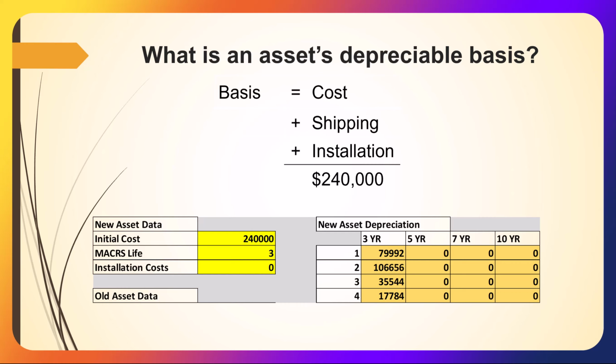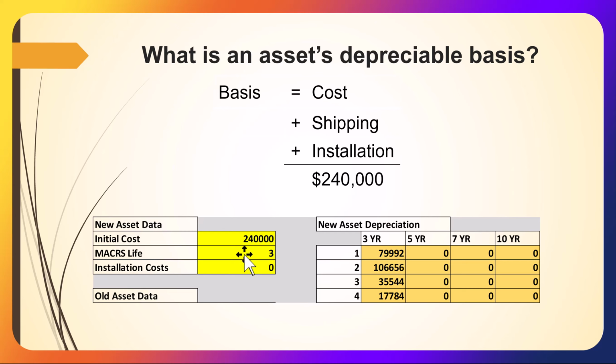But we're going to utilize what's referred to as the MACRS depreciation system. This comes from our workbook. We have a capital budgeting depreciation worksheet. It's also in the project worksheet for capital budgeting. But here you see $240,000 is the initial cost. MACRS is 3 years. There's installation cost.